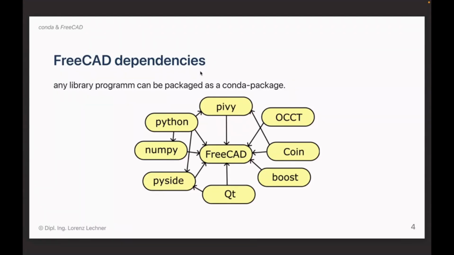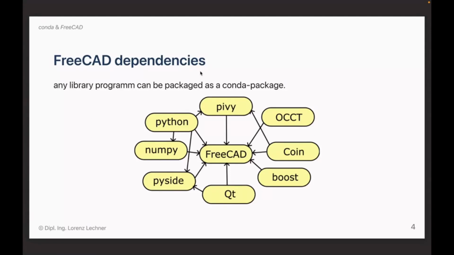So we have OCCT, the geometry kernel of FreeCAD. Then we have Coin, the 3D visualization library.